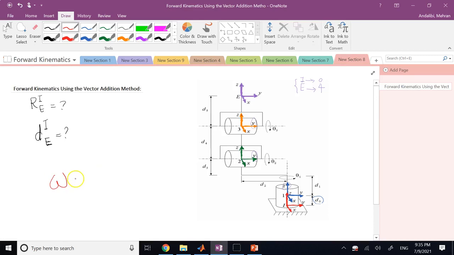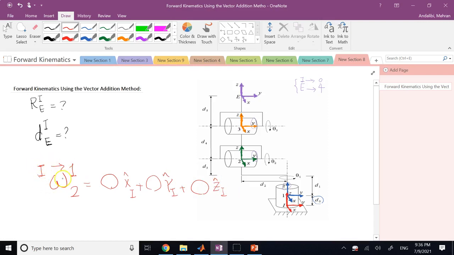I said omega of 2 with respect to 1 written in frame I. This is a notation that I used over there, and this means the angular velocity of frame 2 with respect to frame 1, but it is written along the axis of frame I. So you write this omega as so many units times xi plus so many units times yi plus so many units times zi.